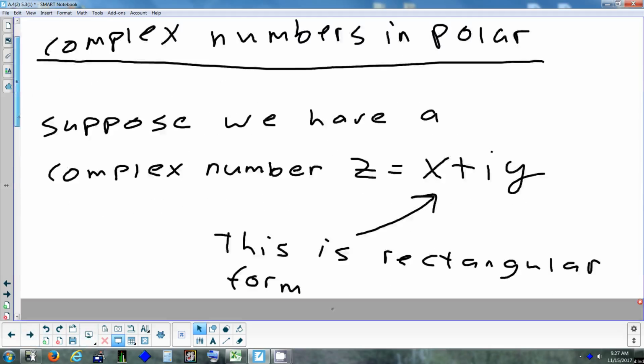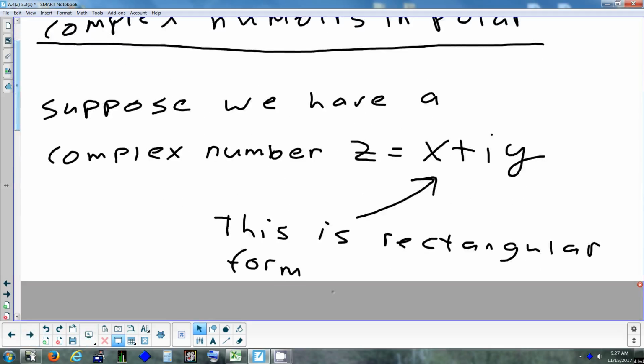Most of the time I've been using A and B to represent the real and imaginary part. I'm starting to switch those letters now because we're getting into graphing. That's why I'm using X and Y. Technically, it doesn't matter what letters you use. But I think if you use X and Y, you'll make the connection with graphing easier.